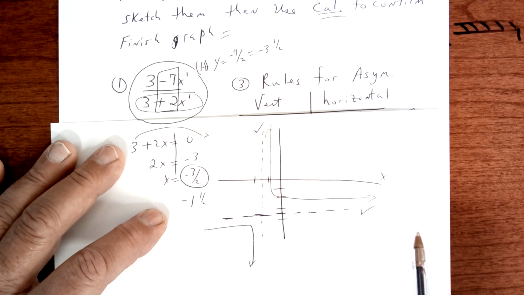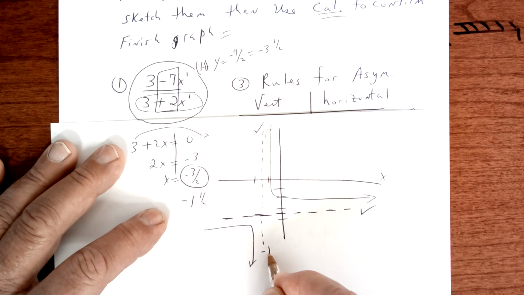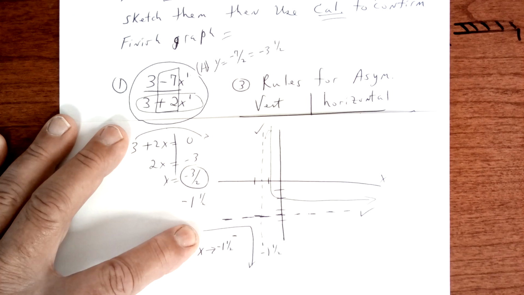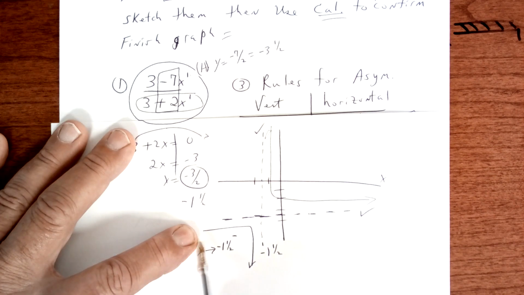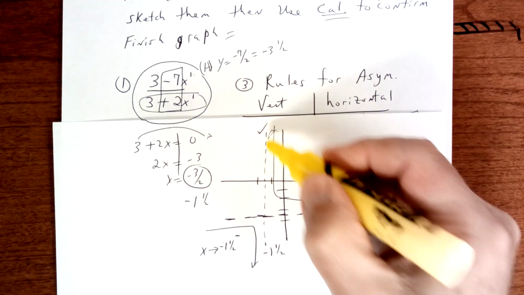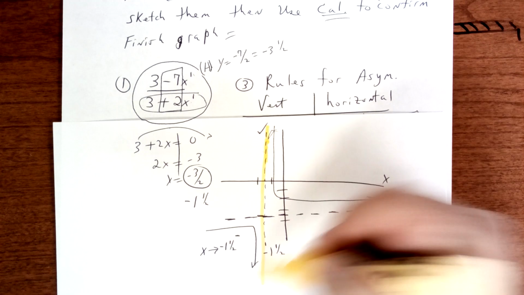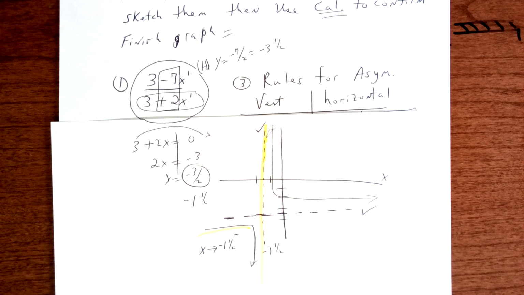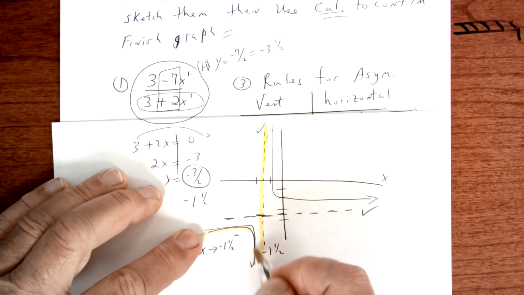So this right here is negative 1.5. As x approaches negative 1.5 from the left side, that's what that little negative means. So you're approaching this one right here. I'm going to make it a little highlighted here. So as x approaches the yellow one, what happens is it goes to negative infinity.